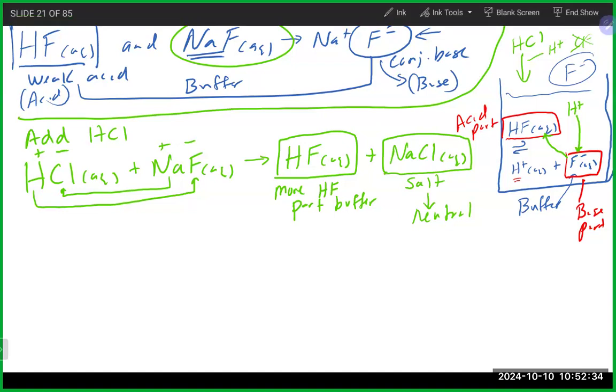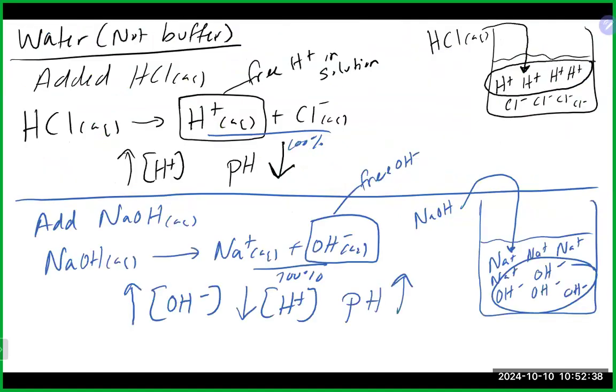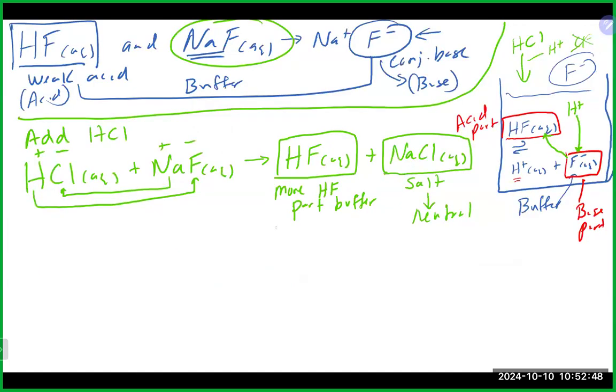What do we not see on the product side of this equation that we did see on the product side when we added acid to water? What is not there? There's no H plus. There is no free H plus here.